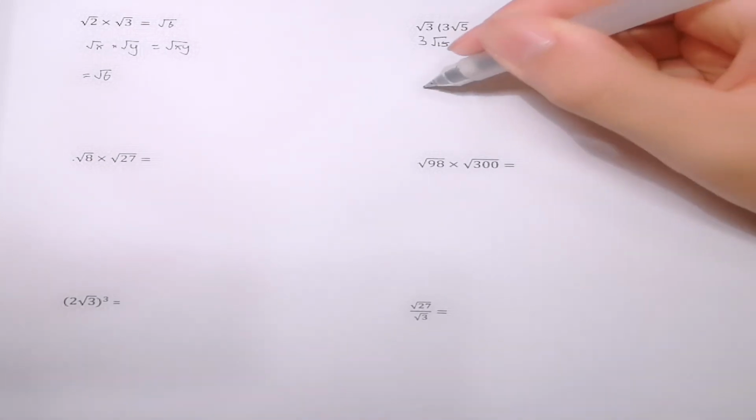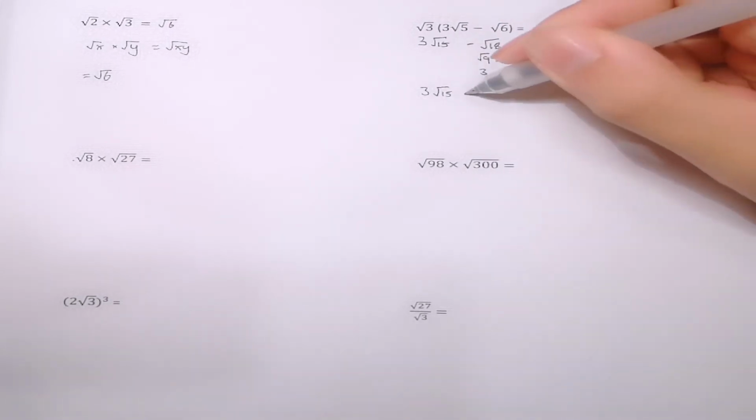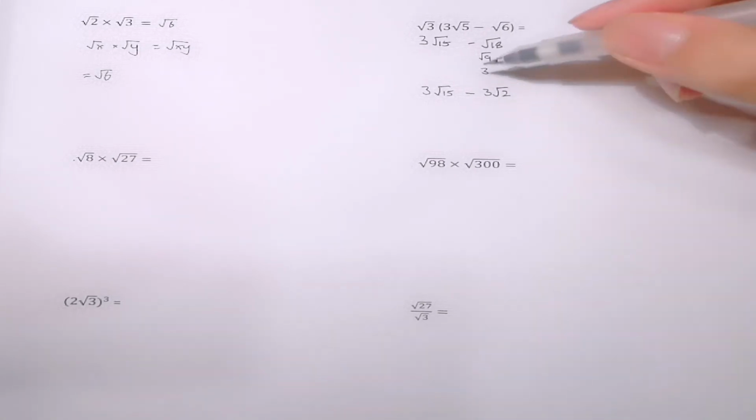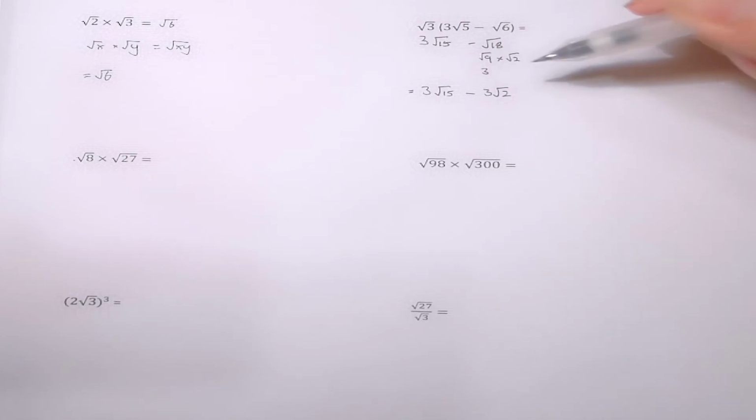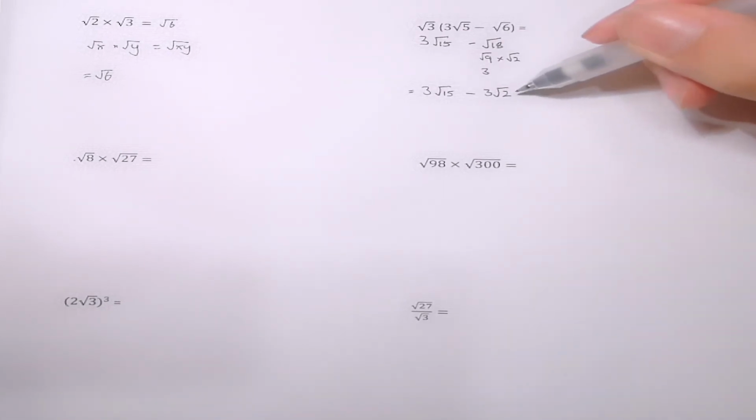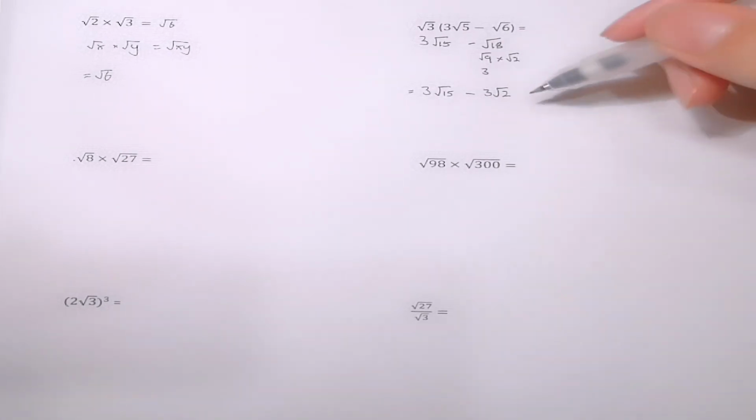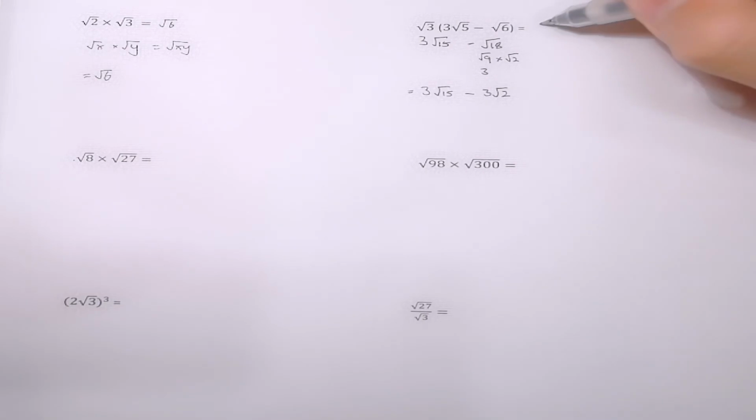Therefore, our answer will be 3 root 15 minus 3 root 2. We cannot simplify this any further because the base numbers of these two terms are different. So this will be the final answer.